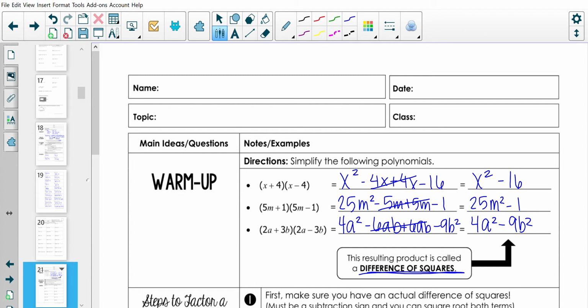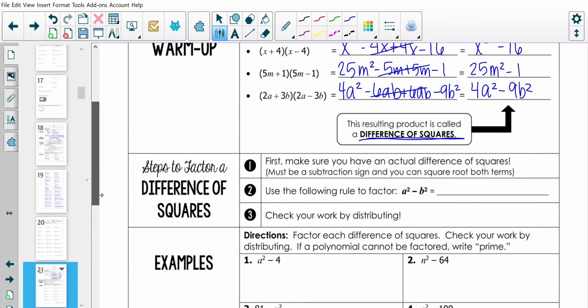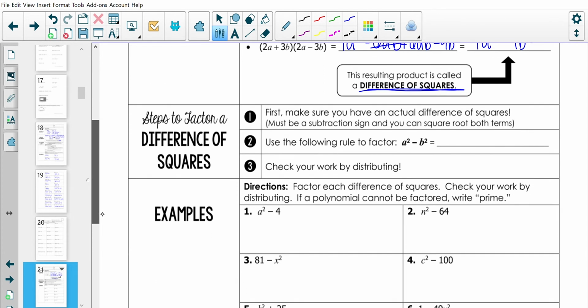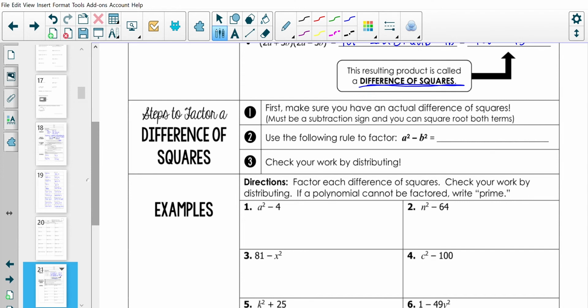So, steps to factor a difference of squares. First, make sure you have an actual difference of squares: there must be a subtraction sign, and you can square root both of the terms. So, use the following rule to factor.